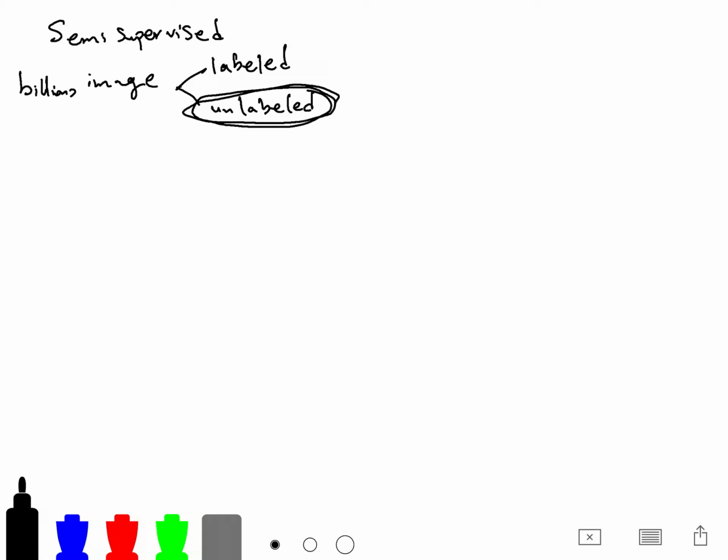Their mind is designed in such a way to utilize semi-supervised learning.